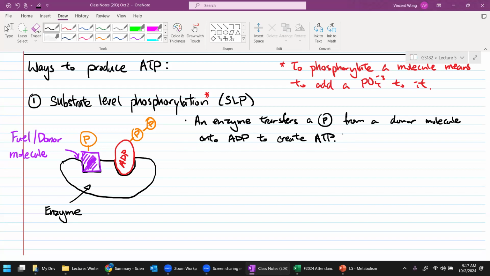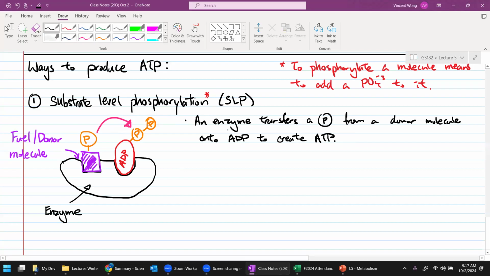Yeah. D means di. Di is two. Like carbon dioxide has two oxygen. Okay, so diphosphate has two. Right, so basically, that's what it is.